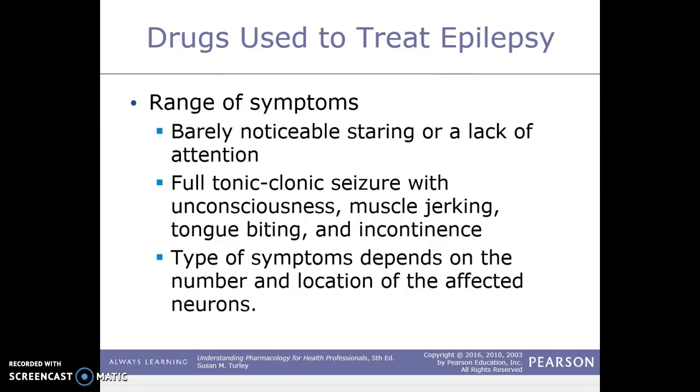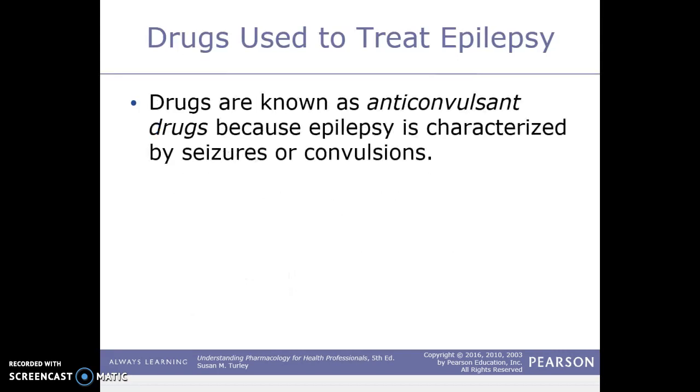If it's a minor seizure, you're not necessarily going to see all of that. It depends on a lot of different things, such as how many neurons are affected. So what we want to do is address them with what we call an anticonvulsant. Epilepsy involves convulsions, so we want to treat it by using anticonvulsant drugs.